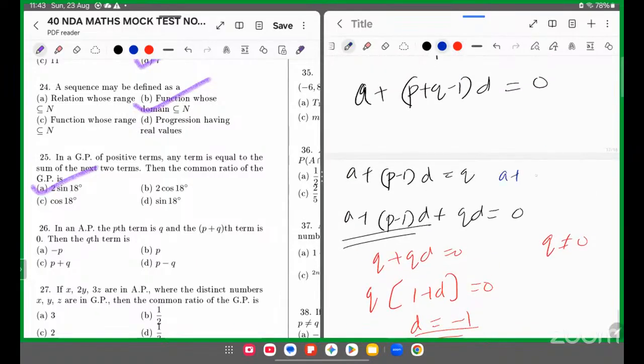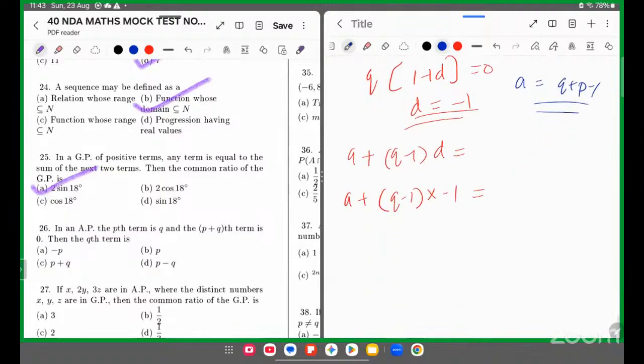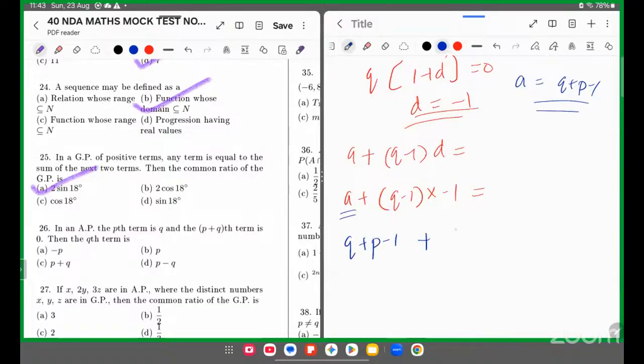So a plus p minus 1 into minus 1 equal to q, so I can write it as a minus p plus 1 equal to q. So a equal to q plus p minus 1. So here I can write q plus p minus 1 plus q minus 1 minus q, the q cancels, minus 1 plus 1 cancels. The answer will be option B. Option B will be the correct answer.